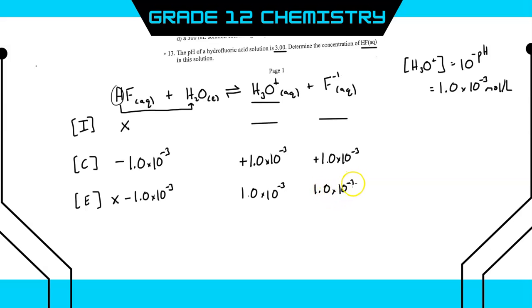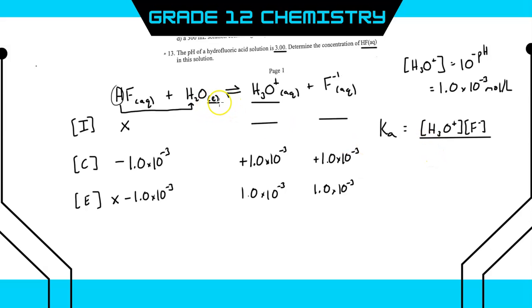That's okay. So now that we have our ICE chart, let's go ahead and set up our equation for the equilibrium law. So we have our acid constant equal to the concentrations of the products, that's always hard to say, hydronium and fluoride, divided by the concentrations of our reactants.